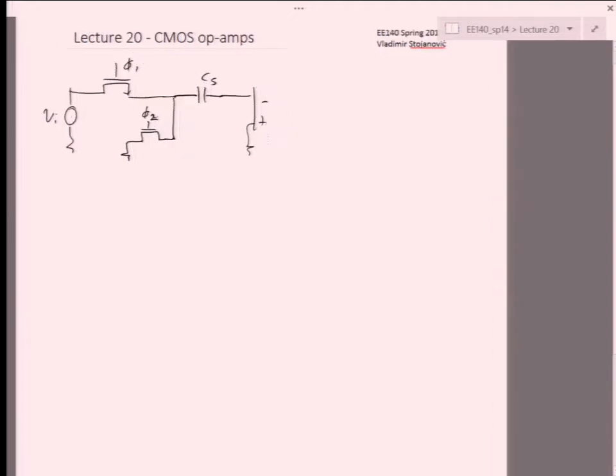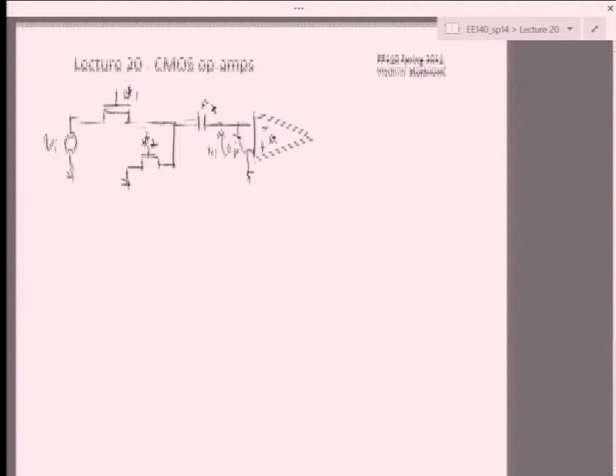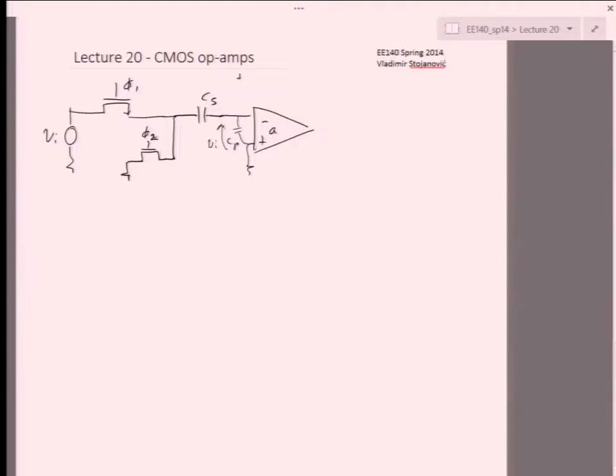Let's call it small a, because you did that in stability. I also have some C parasitic here, and we're going to call this also VI, because it's the input to the amplifier. And then we have these switches as well.